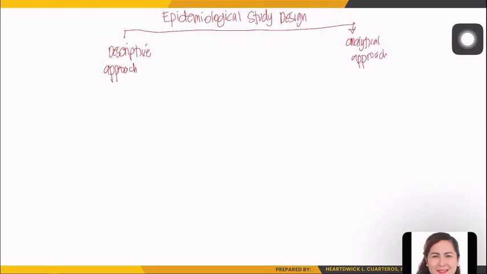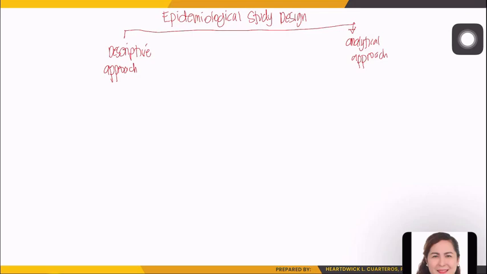So we have here your epidemiological design. Now, your epidemiological design encompasses your descriptive approach and also your analytical approach. When we say descriptive approach in epidemiological designs, this descriptive approach focuses on characterizing the distribution of disease.